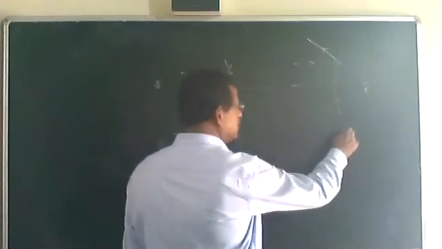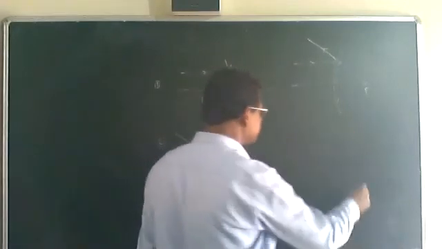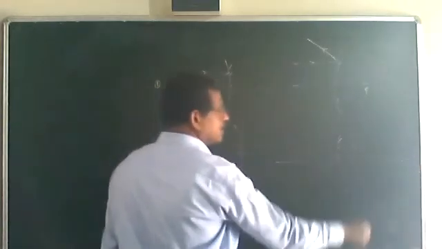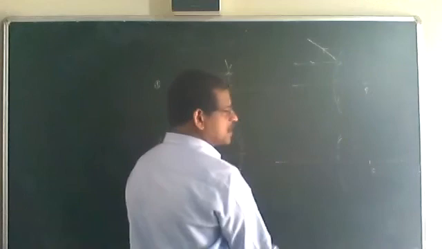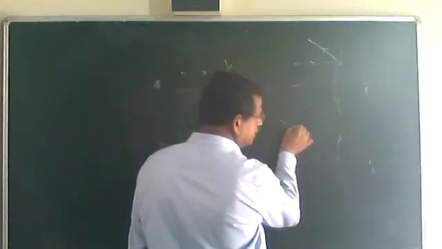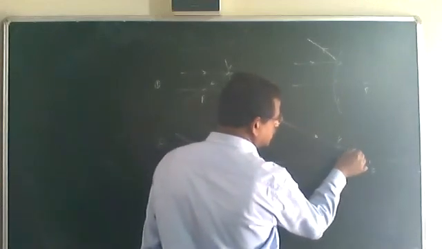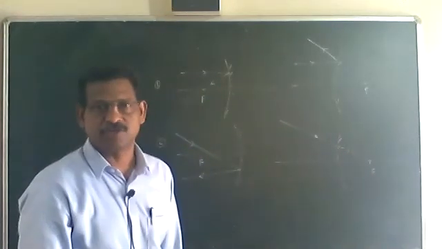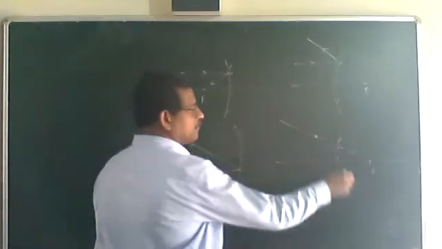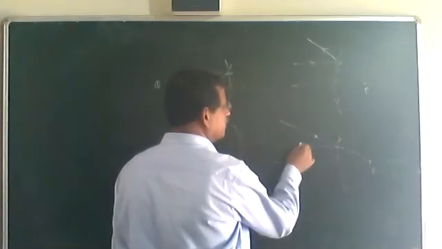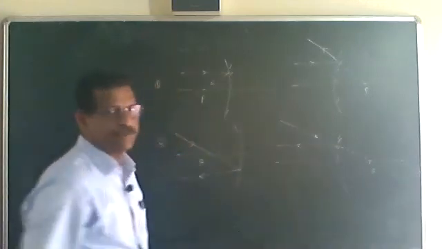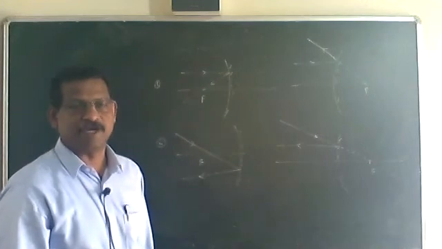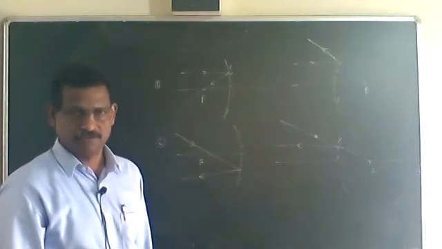In the same way, the diagram can be used for convex. This is the focus. This speciality is here: suppose the ray is coming from here and tends to go to the principal focus. It cannot go there, but if we extend, it may touch the principal focus. In such cases, after reflection, the ray will be reflected parallel to principal axis. This is case 2.